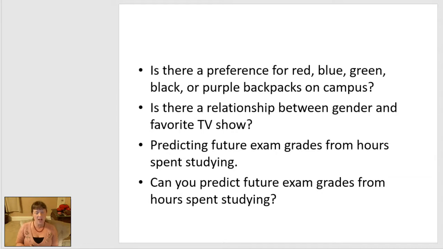What is your favorite television show? That is also going to be a word answer. They're going to say Doctor Who or Jessica Jones or, I don't know, some reality TV show. Who knows? But they're going to give you a word as an answer. And so you have two variables that are both category-based variables, categorical qualitative variables. Two variables, both categorical or qualitative, has to be a chi-square test of independence.